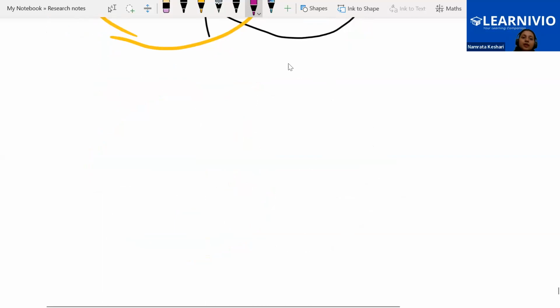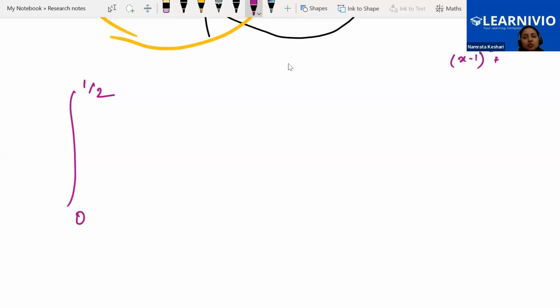Okay, let's do it together. We'll be taking 0 to 1/2. From here we'll be taking out y. (x minus 1) whole square plus y square equals 1. y square equals 1 minus (x minus 1) whole square.